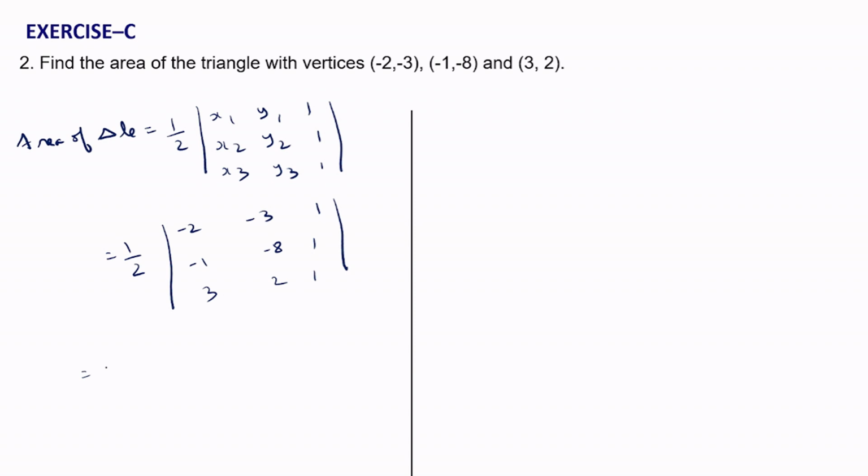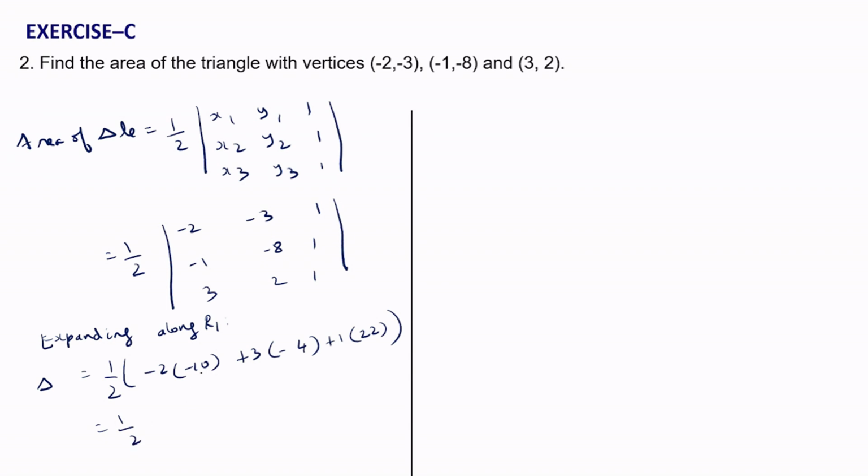So let us expand along R1. Expanding along R1, delta equal to half of minus 2 into minus 8 minus 2, minus 10, minus of minus 3 is plus 3, minus 1 minus 3, minus 4, plus 1 into minus 2 plus 24, it is 22.